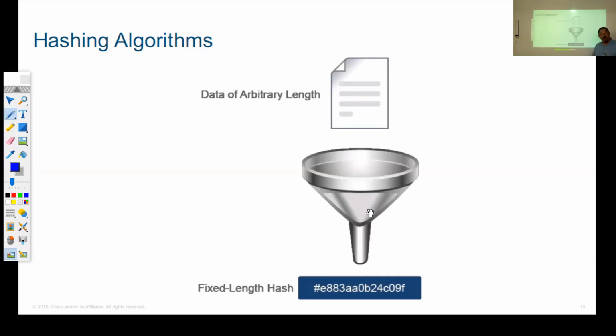What happens is they come up with a fixed length hash value. I always think of hashing as a meat grinder. You take a nice juicy steak and put it through a meat grinder, you get ground beef. You can't go backwards in the opposite direction. It's a one-way function.